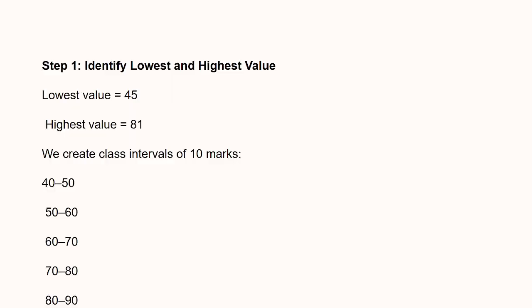Now we create class interval of 10 marks. Let's say lowest is 45. So consider it as 40 to 50, 50 to 60, 60 to 70, 70 to 80, 80 to 90. Since the highest score is 81, we'll take it from 80 to 90 class interval.